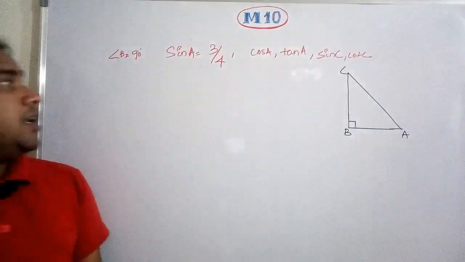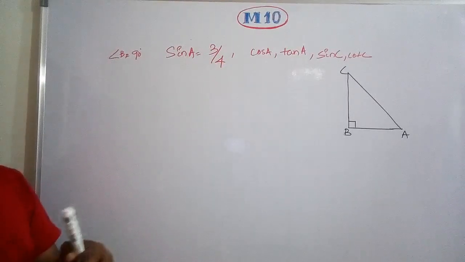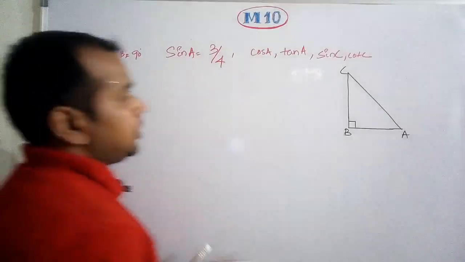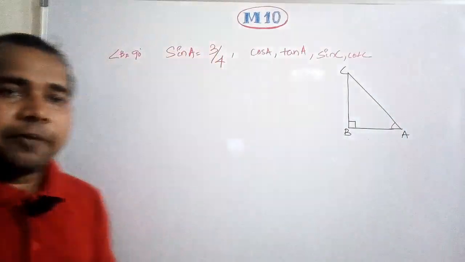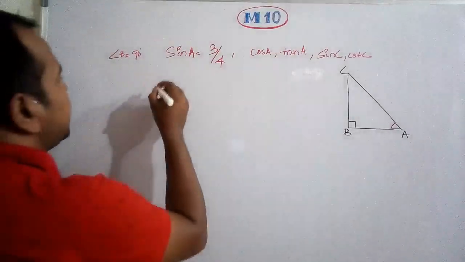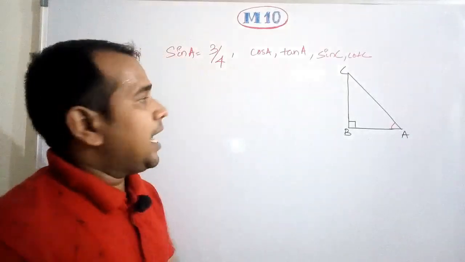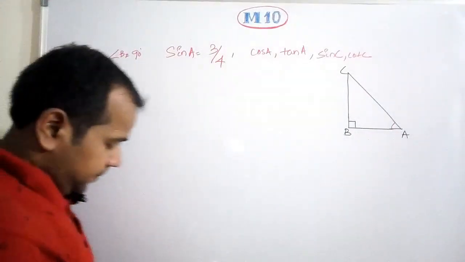Now here it is given sin A equals 3 by 4. If we consider this angle A, what would be the base? It would be AB. And what would be the perpendicular? It would be BC, and AC will be your hypotenuse. Now you can write it here.